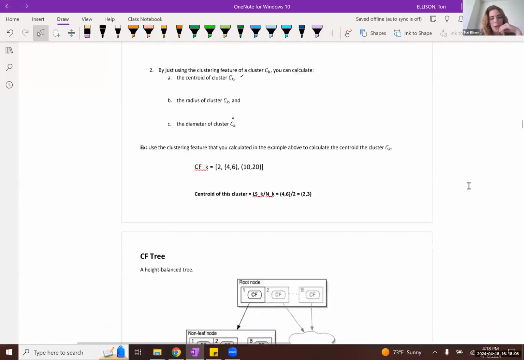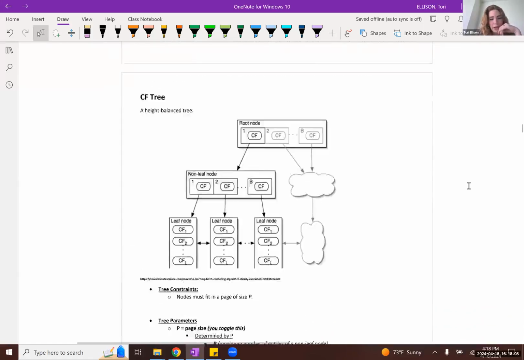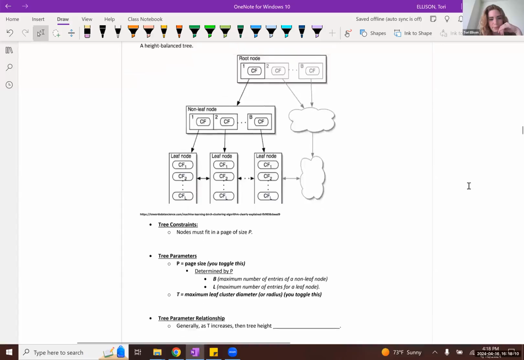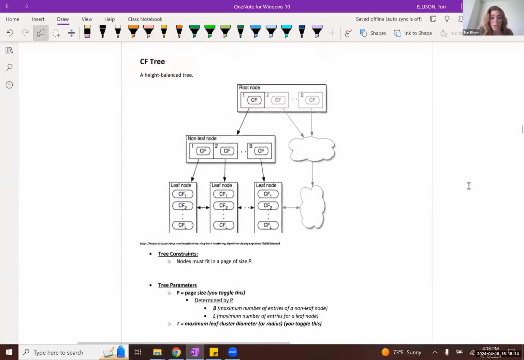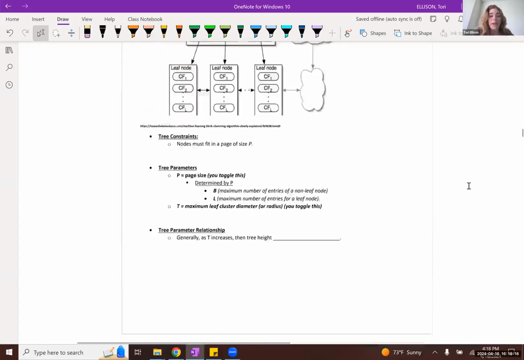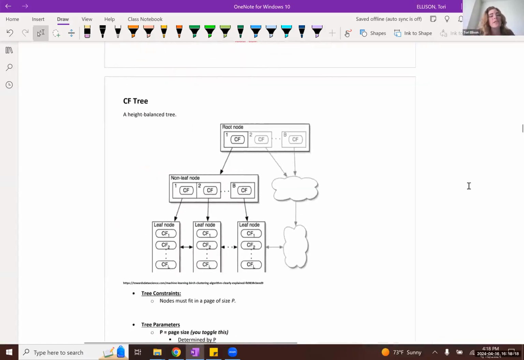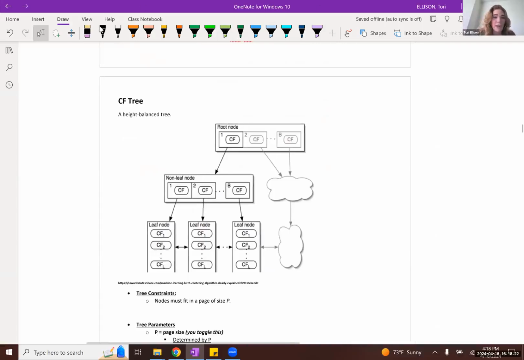So basically the way that this CF tree is designed is we always have a root node. And from this root node, we might have a series of non-leaf nodes that emanate from that root node.